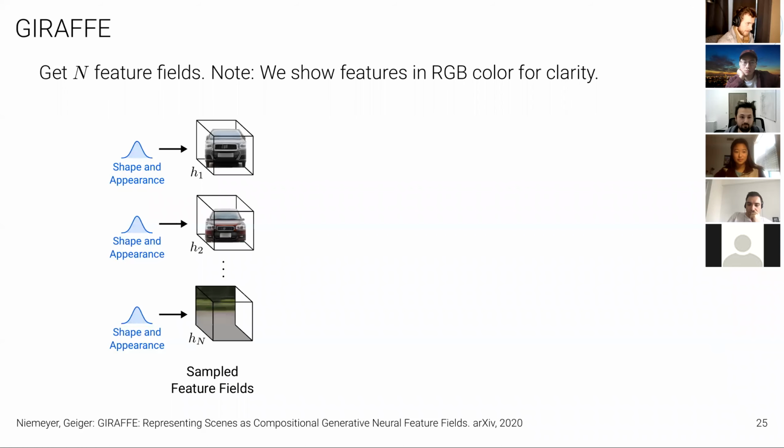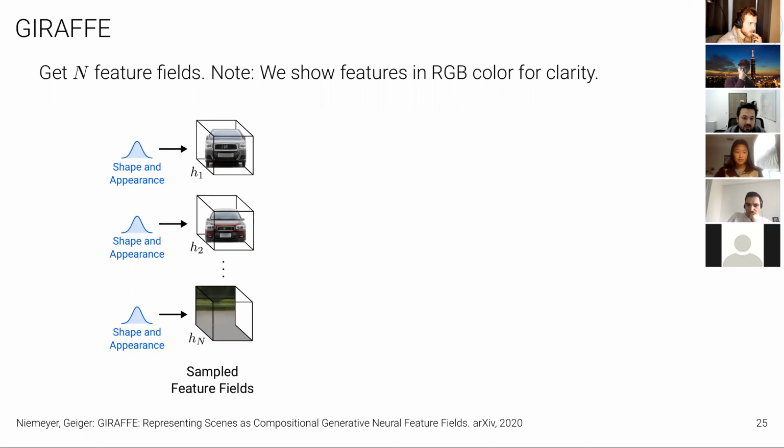With this, we get n feature fields. What a feature field is, we will look at later. Important here: we show this in RGB color for clarity, but actually you have again a continuous function which predicts the density value and a feature. So actually this should be features here, not colors.